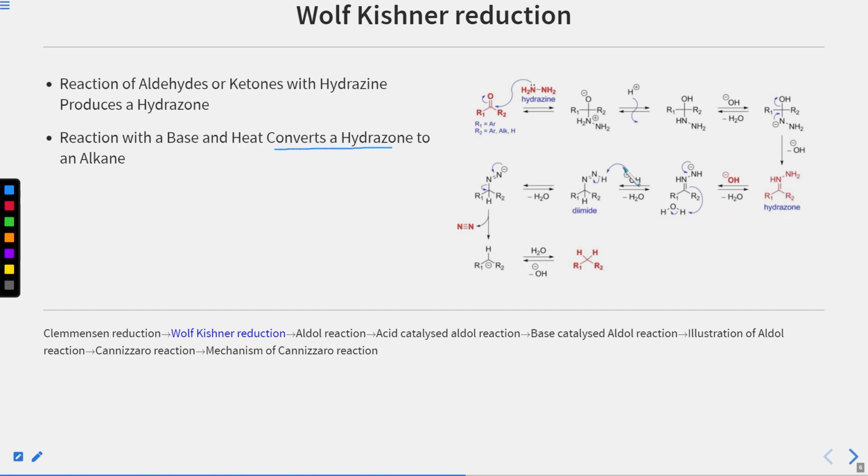Now let us see the mechanism. So what happens in this mechanism? We have a carbonyl center here and we have a hydrazine. Now the structure of hydrazine is such that it has a nitrogen and it is bonded to another nitrogen, and both of these nitrogens are bonded to two hydrogens.